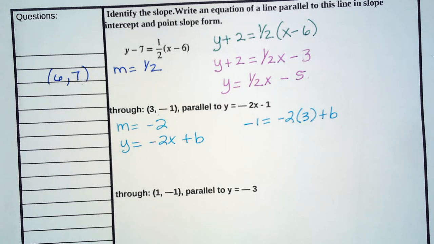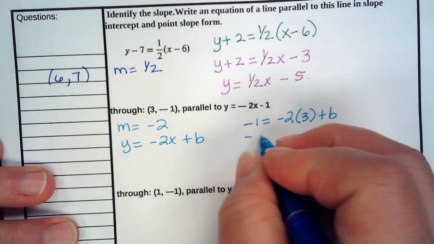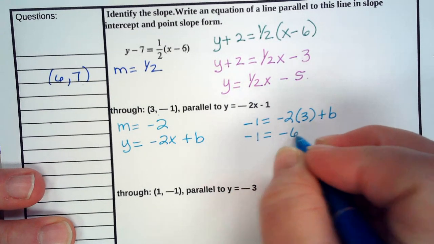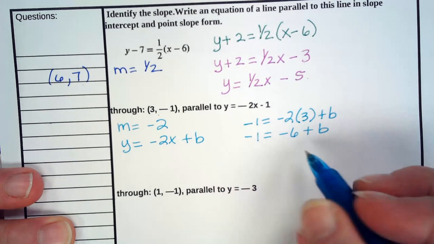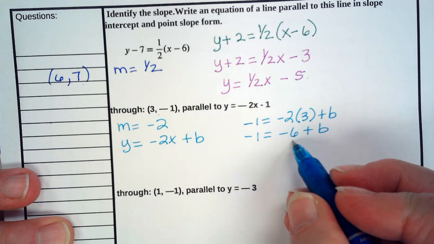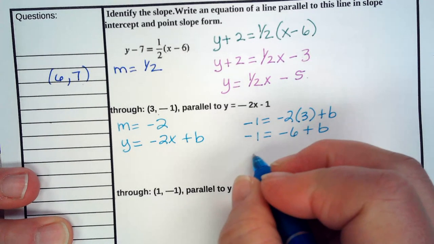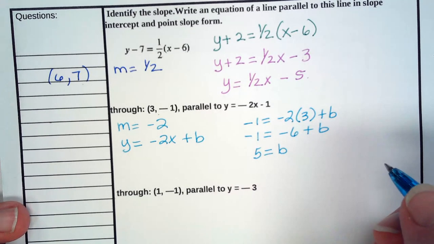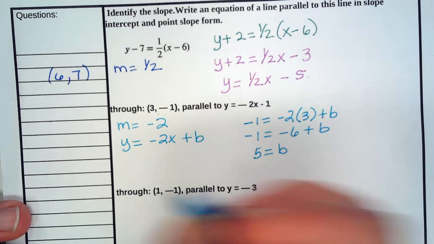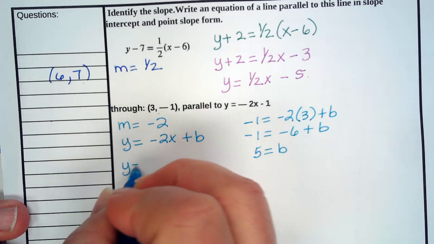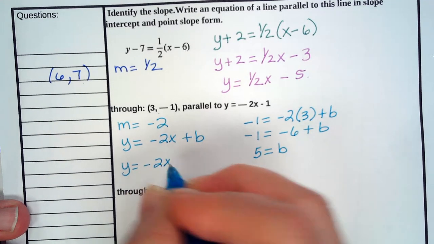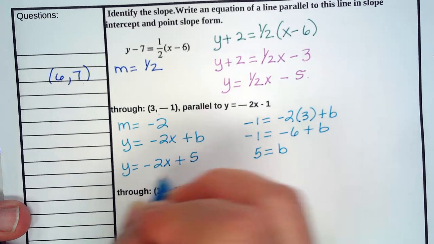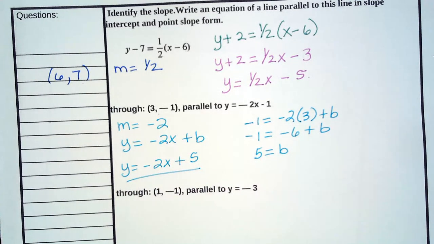Now I solve for b. -1 is equal to -6 plus b. Add 6 to both sides. -1 plus 6 is 5, is equal to b. Now I'm ready to finish up. Y is equal to -2x plus 5. That's your answer.